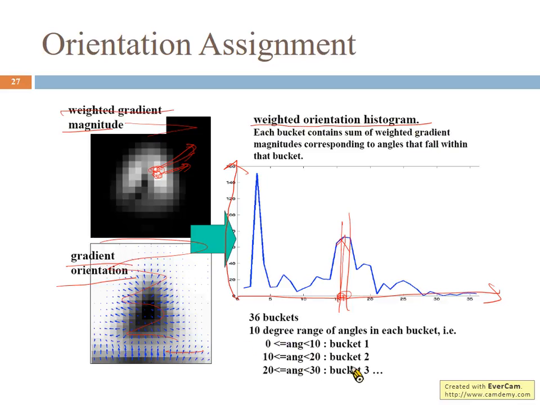So here histogram bin number 1 corresponds to the angle from 0 to 10, and bin number 2 may correspond to the angle from 10 to 20, and so on.